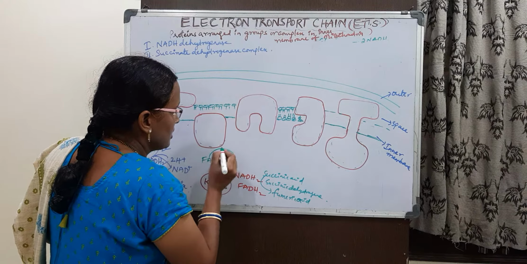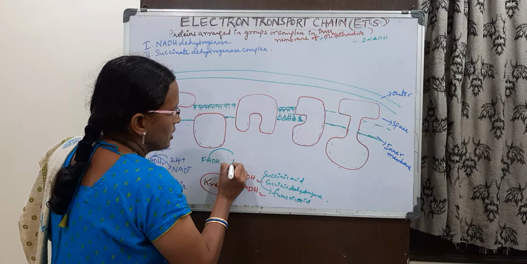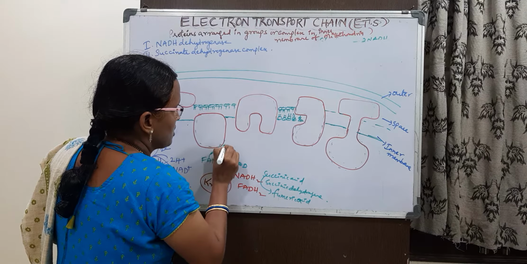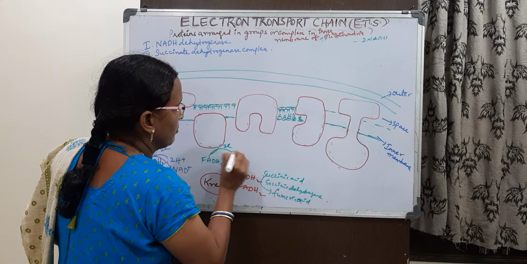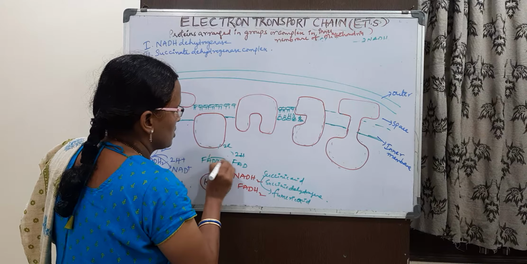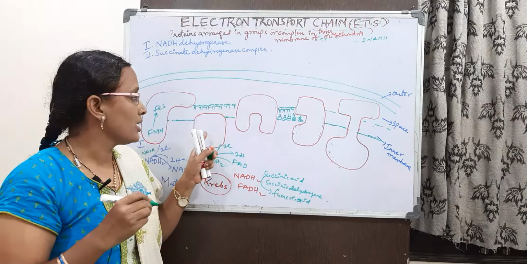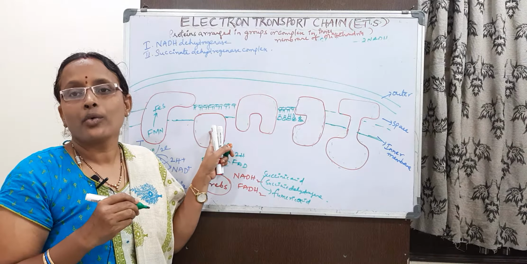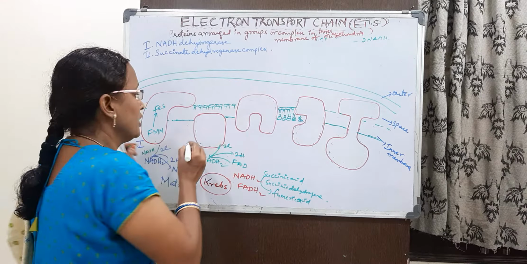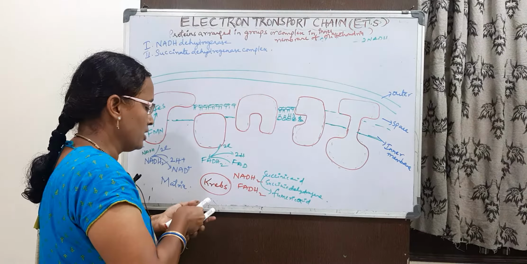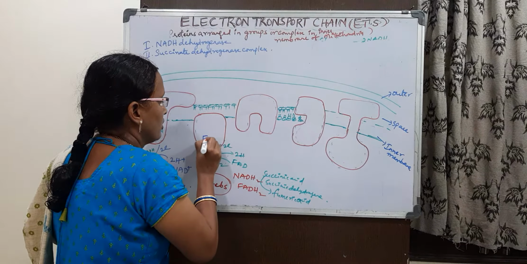In this complex, FADH2 is oxidized into FAD and it produces electrons and protons. In this second complex, we have FAD and FeS protein.